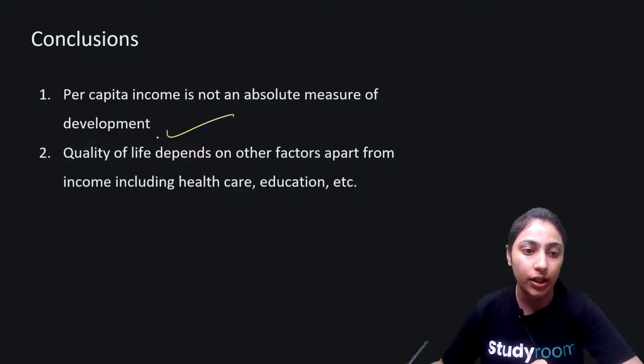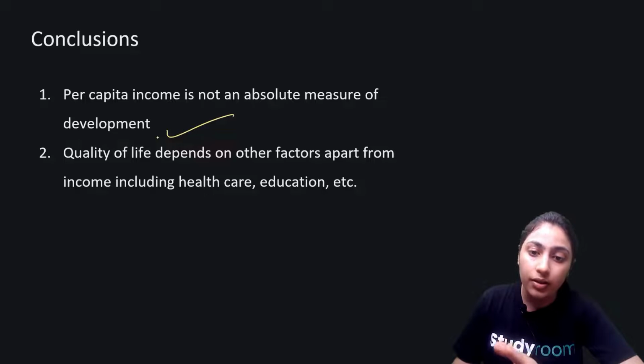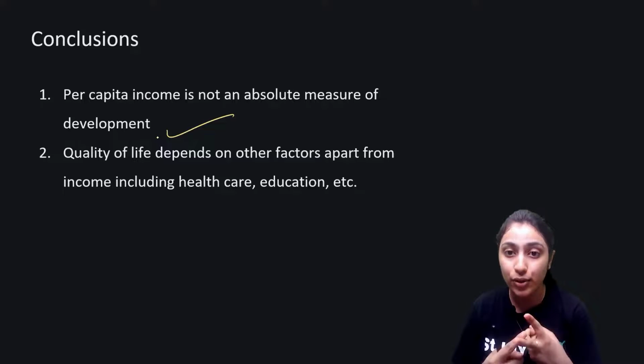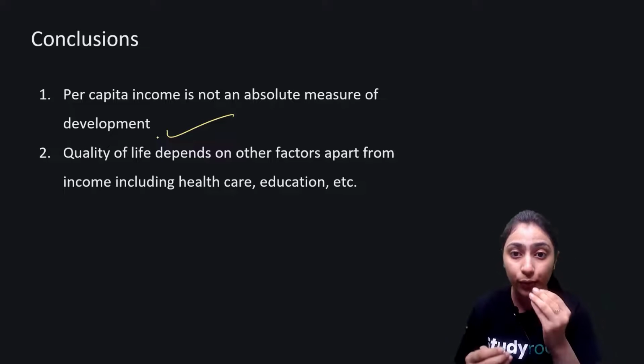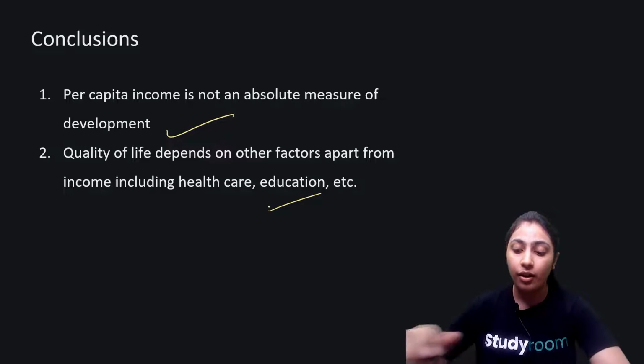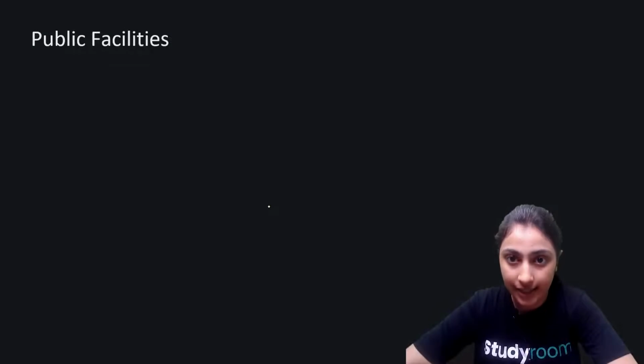Correct, absolutely. Quality of life depends upon other factors apart from income, including healthcare, education, housing, food, a lot of things. Not just income, not just the monetary fund. Okay. Moving forward, public facilities.